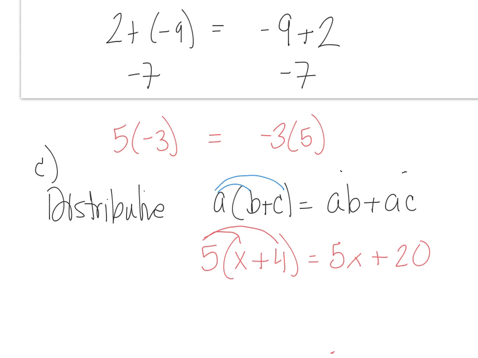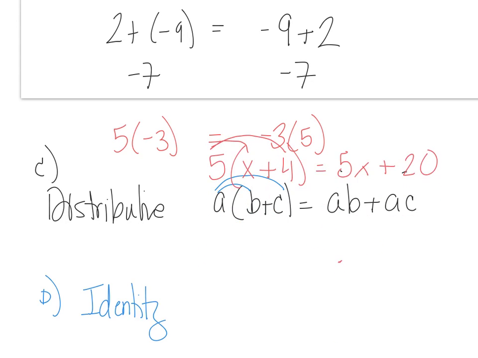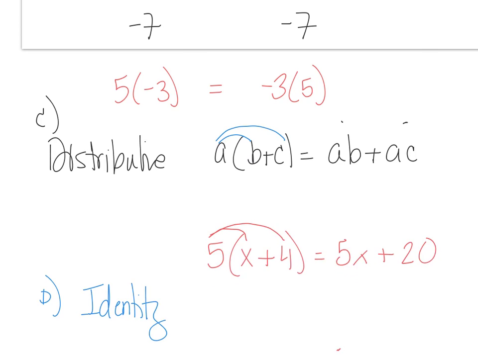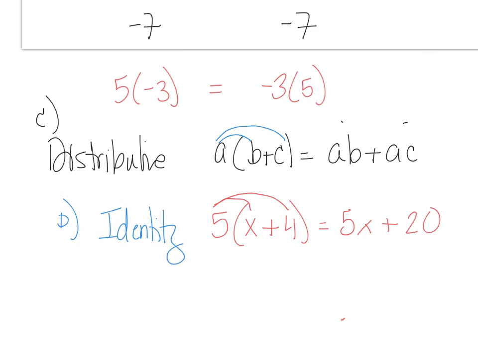And then the last property that we have is the identity property. The identity property tells us that if you multiply a number by 1, you're going to get the same number.